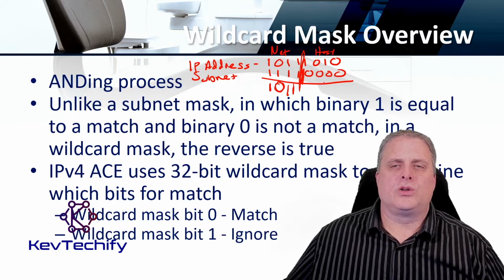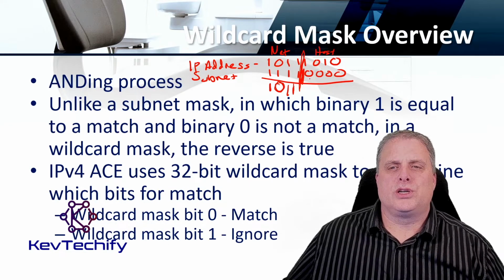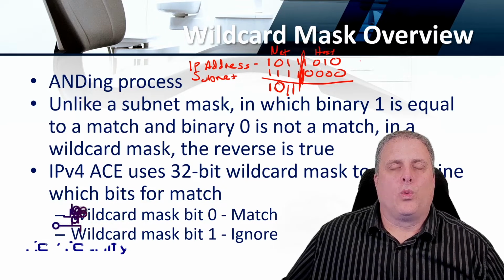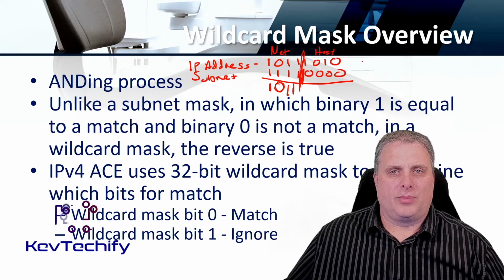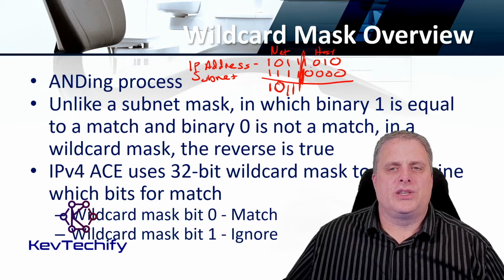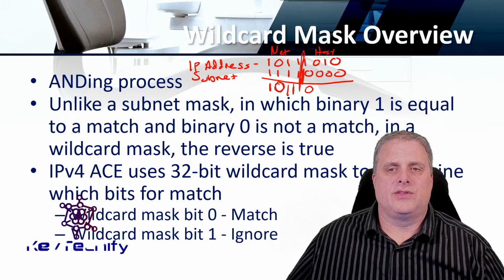Then we came to the host portion, and notice the host portion is all zeros. And once again, remember the ANDing. It has to be a 1 and a 1. If both of those are 1s, it will be a 1. But because we have all zeros here in the host portion of the subnet mask, it's going to be 0. So 1 and a 0. Are they both 1s? Nope, that's a 0. Then we have 0 and 0.